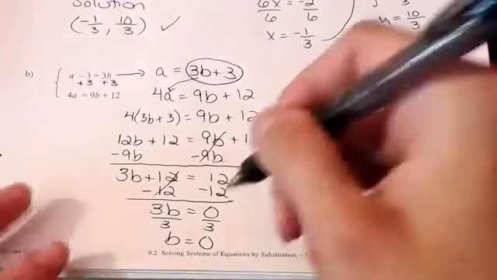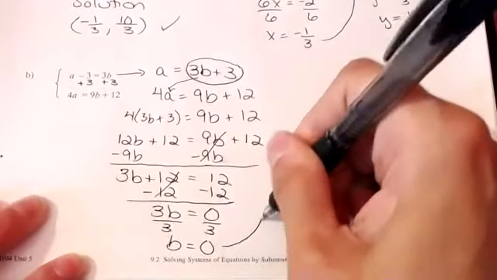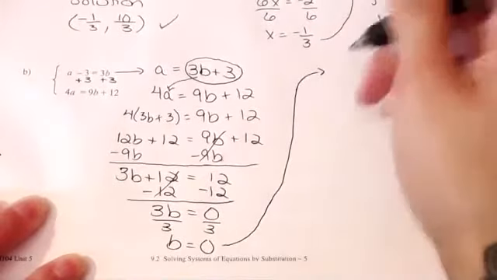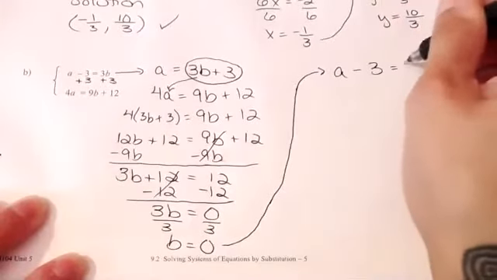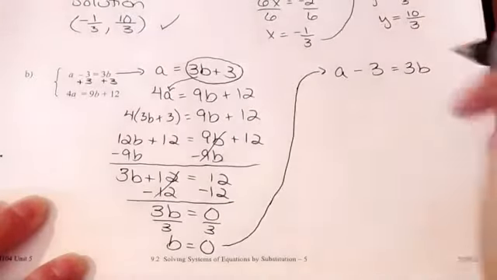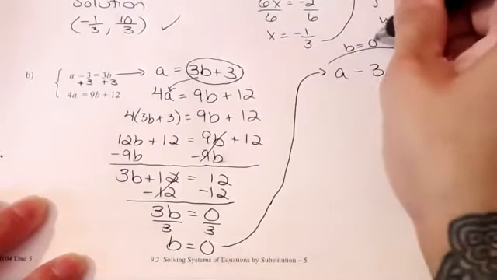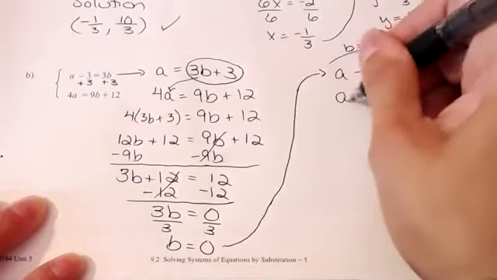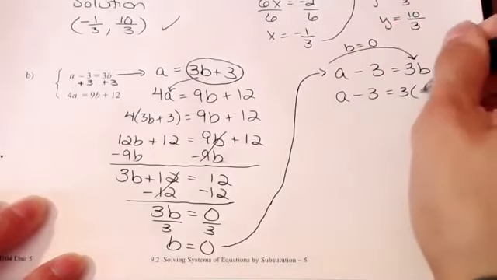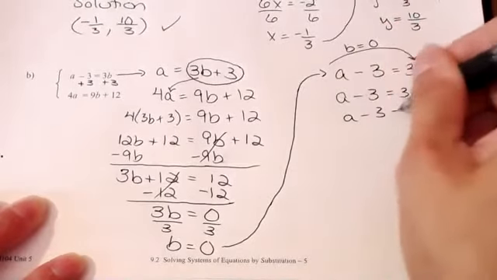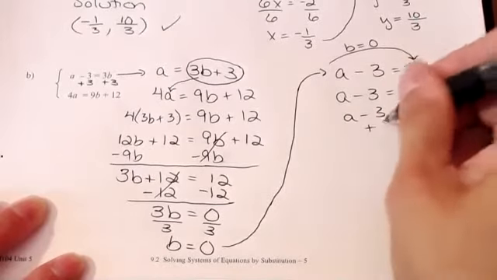So I would take one of my original equations. Let's use a minus 3 is equal to 3b. And I'm going to replace b with my value. I know that b is 0. So a minus 3 is equal to 3 times 0. A minus 3 is equal to 0. And then, of course, add 3.